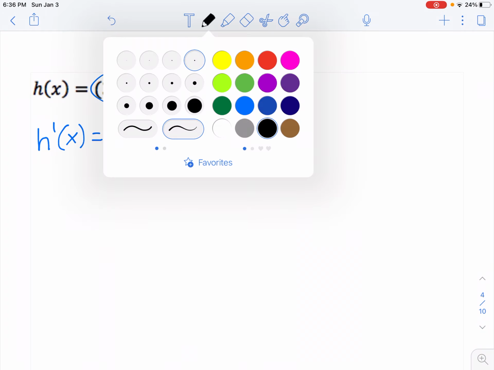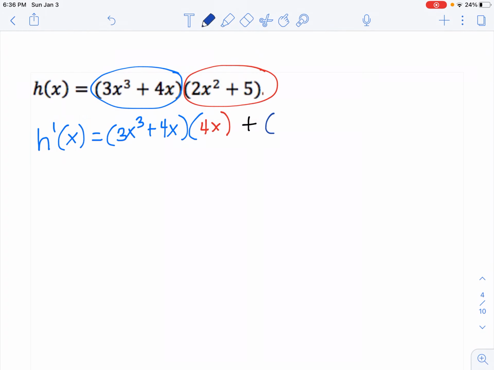Plus the second function times the derivative of the first function. How'd you do? Did you get it right? You got it down? We're going to make it a little bit harder. I'm not going to simplify this, but I think it's okay to leave it like this.